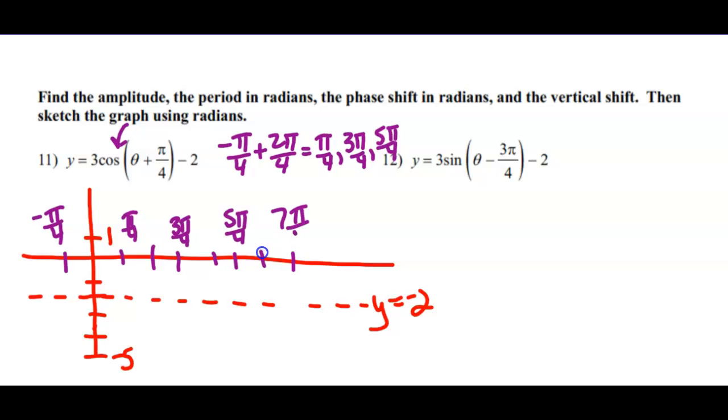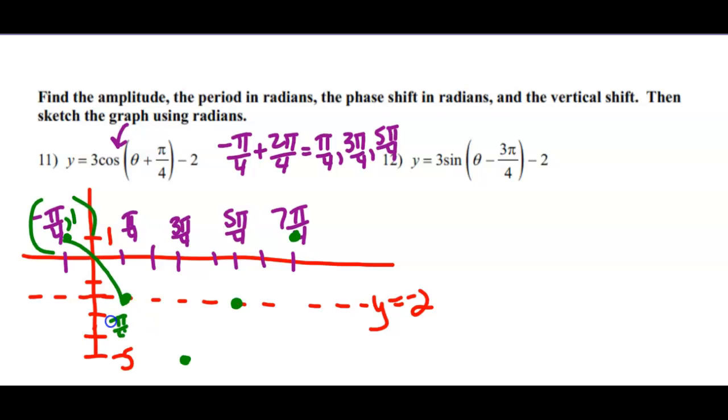7 pi over 4. Okay, now it's a cosine, so it starts at its maximum. It's going to start here at the max, then it's going to be at the middle, then it's going to be at the min, back at the middle, and at the max. So we have negative pi over 4, 1.